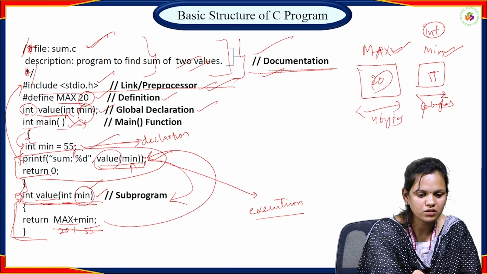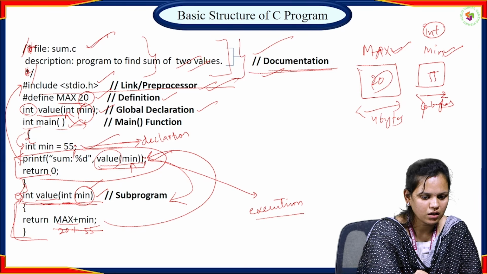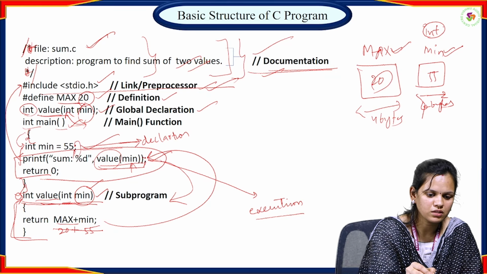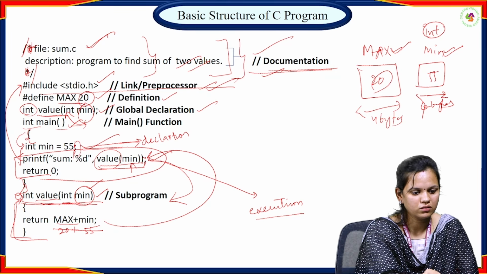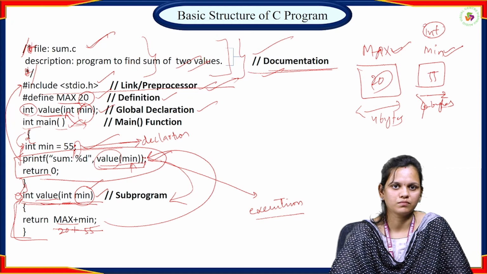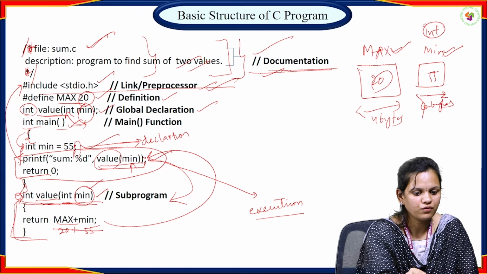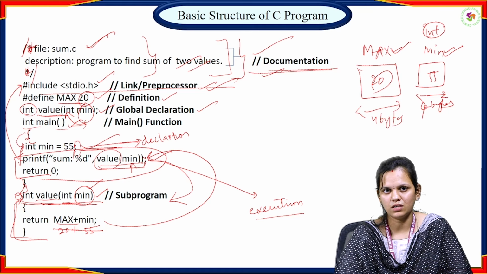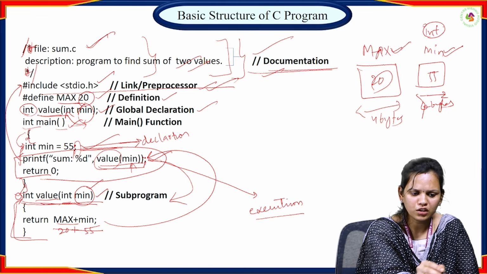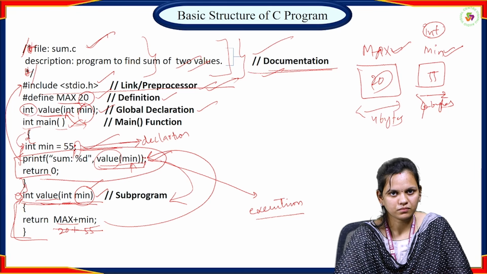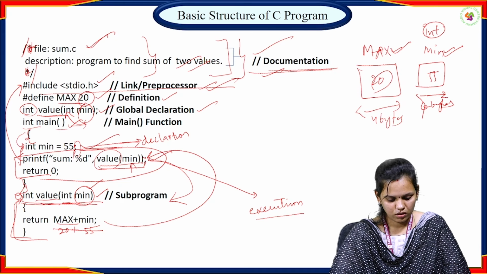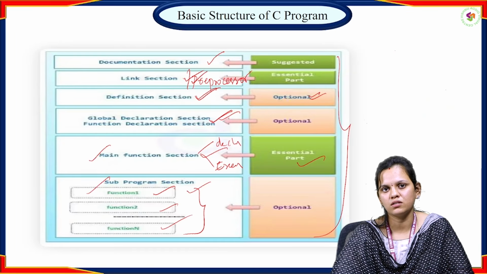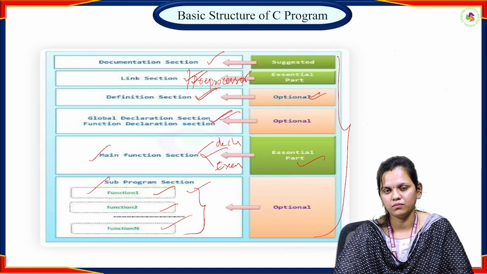You can write the next instruction after the semicolon also. So whenever the compiler encounters the semicolon, the instruction ends there. Okay, and after the semicolon, the other instruction starts. That is the use of the semicolon. Semicolon is used as a terminator of that particular instruction. Okay, so these are the different sections in the structure of a C program.